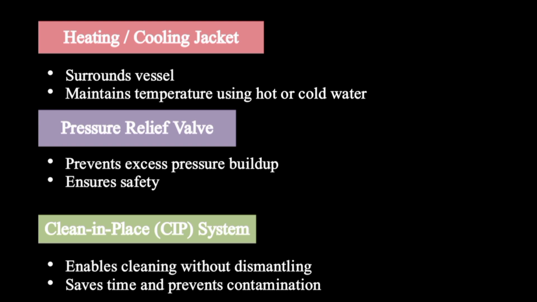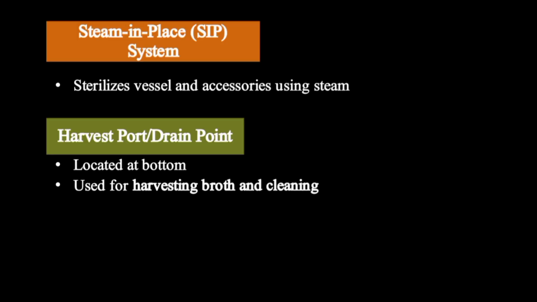Clean in place system, that is CIP system. It enables cleaning without dismantling. It saves time and prevents contamination. Steam in place system, that is SIP system. It sterilizes the vessels and accessories using steam. Harvest port, that is drain point. It is located at the bottom of the fermenter, used for harvesting the broth and cleaning purposes.